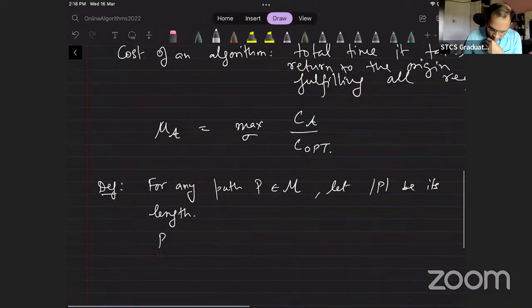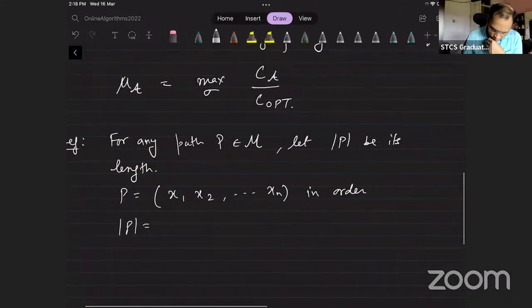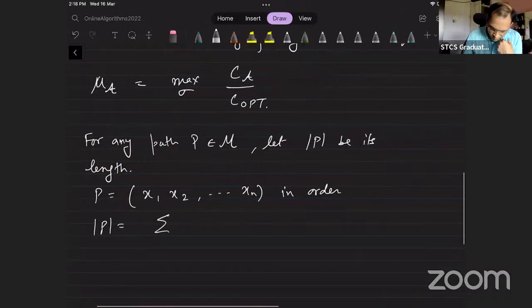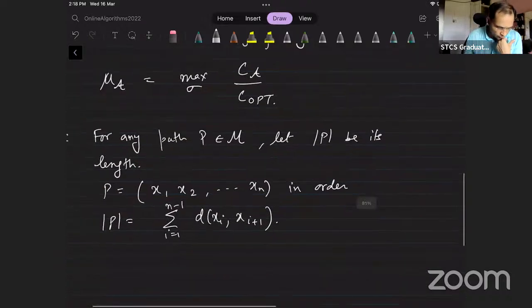For example, if P was x1, x2, ..., xn in order, then |P| means the summation for i going from 1 through n minus 1 of d(x_i, x_{i+1}).